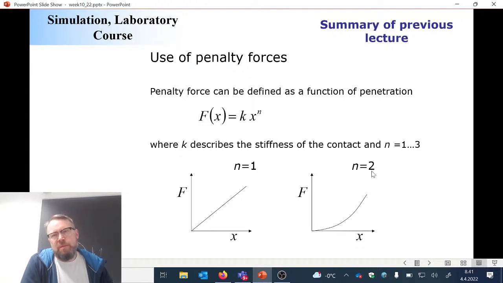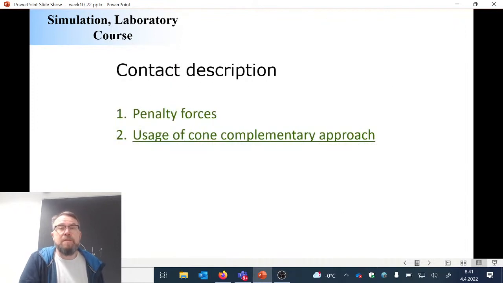So if n is other than 1, let's say 2, 1.5, or any other number, then there is a smooth curve from zero force to non-zero force, and this is highly recommended to do from a modeling perspective. Okay, now this another approach, this complementary approach.